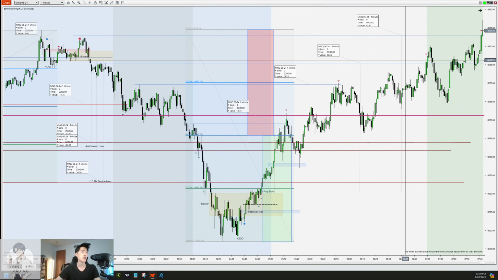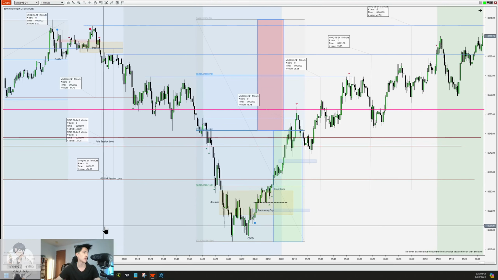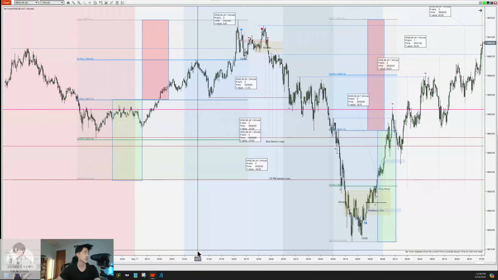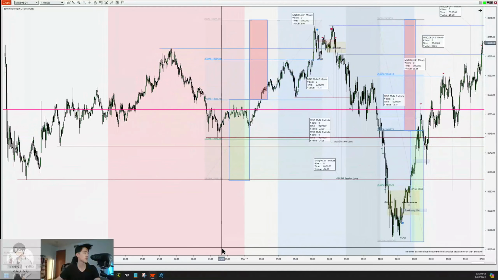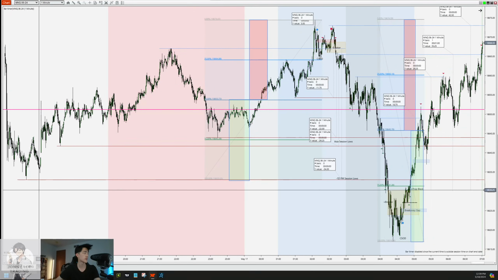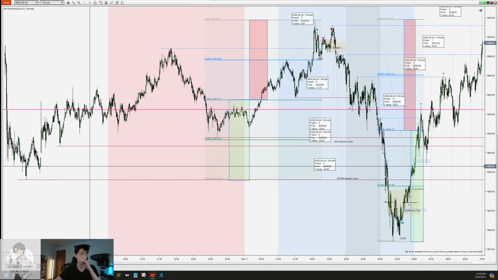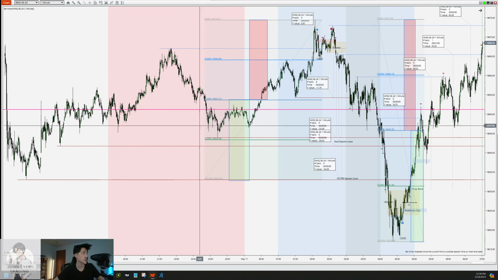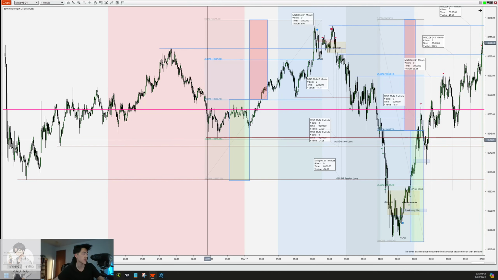So that is what I'm going to be looking for from when I frame out a London and Asia trade. I'm going to look to see what liquidity got formed during the PM session of last day. I'll be looking at what liquidity formed in Asia session, both buy side and sell side.